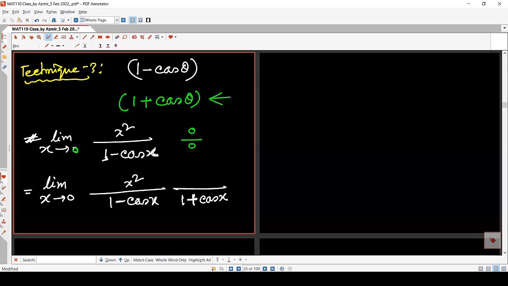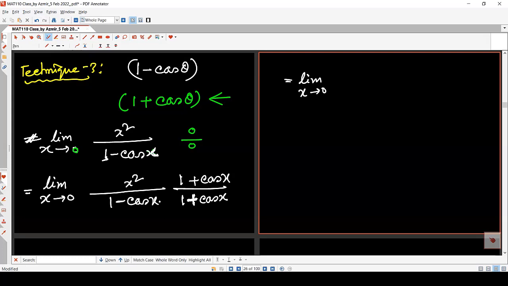Here we have minus, here we have plus, so we have the opposite similar quantity. Just to balance with the previous part, we are multiplying the same thing in the numerator. Now this and this can be cancelled. So after multiplication of 1 plus cosine x in both numerator and denominator, what can we do?